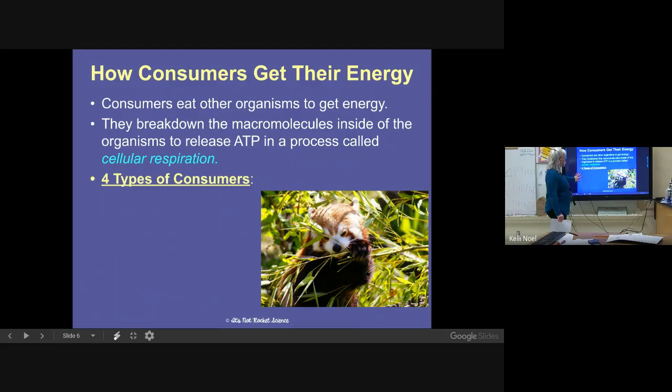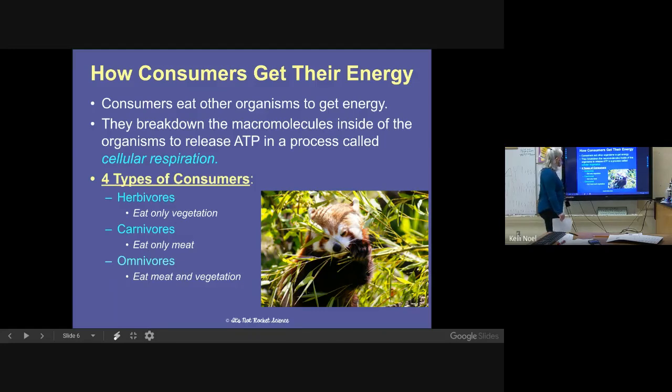And so we have 4 types of consumers. There are herbivores. They're going to eat only vegetation. This would be like this little red panda here. It would be like cows, deer. Some humans choose to be vegetarians and eat only plant-based products, and so they could be considered an herbivore as well.